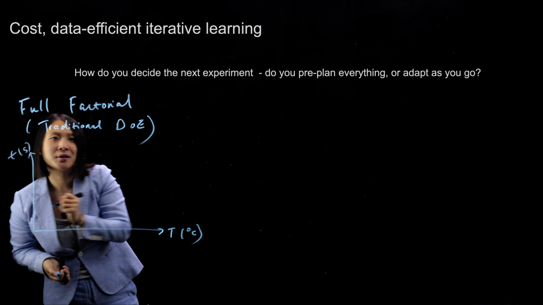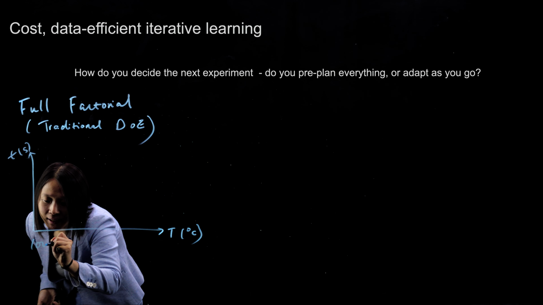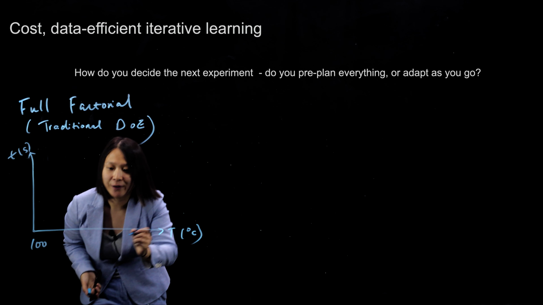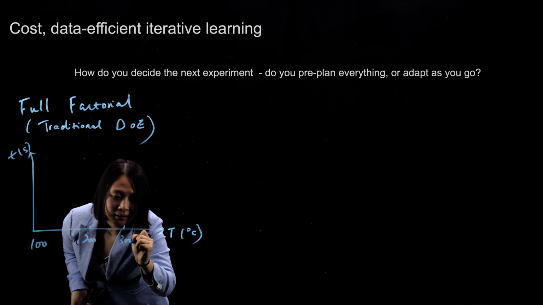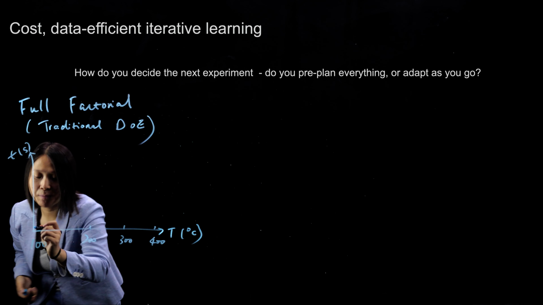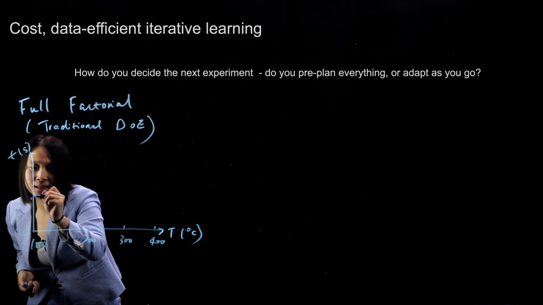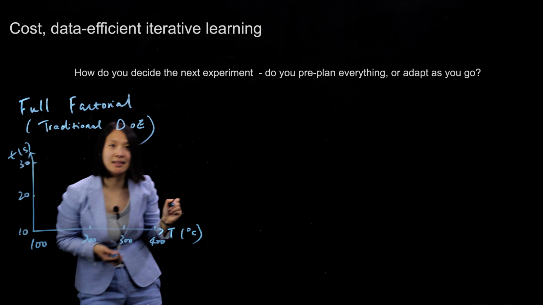It's a short time, so it's in seconds. So maybe we want to study between 100, 200, 300, 400 degrees Celsius, and also between 10 seconds, 20 seconds, and 30 seconds.